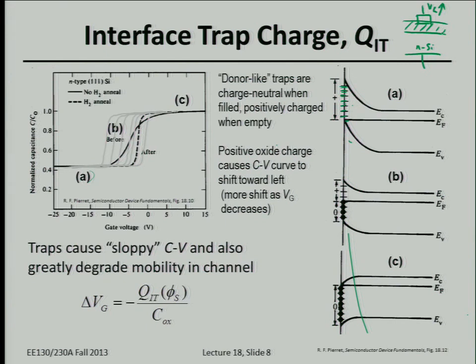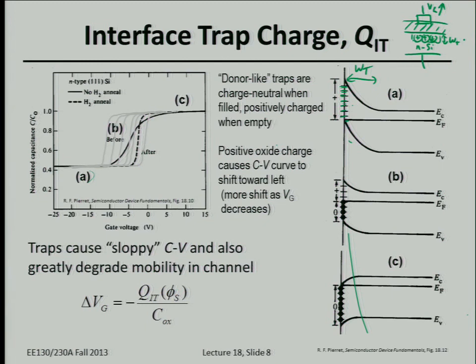So if you put positive charge on the gate, what will happen? Well, okay, hold on. Let's say we started at large negative gate voltage. At large negative gate voltage, which is A, we had some depletion region. That's positive, right? So we formed a depletion region of certain depth, let's say W sub t.